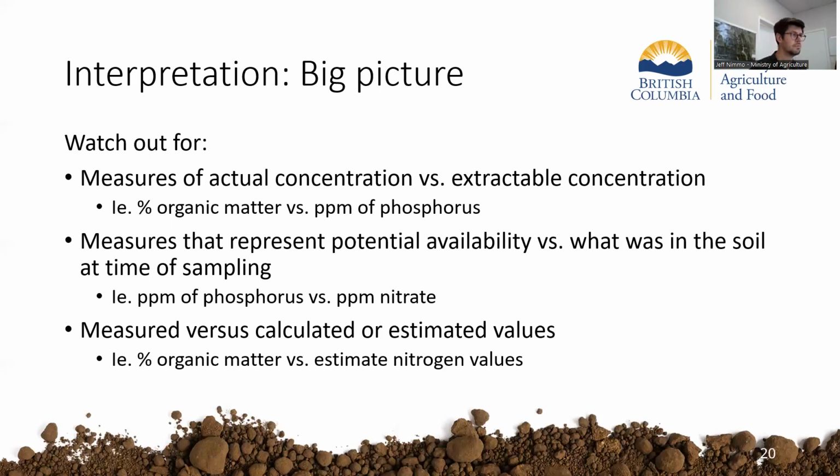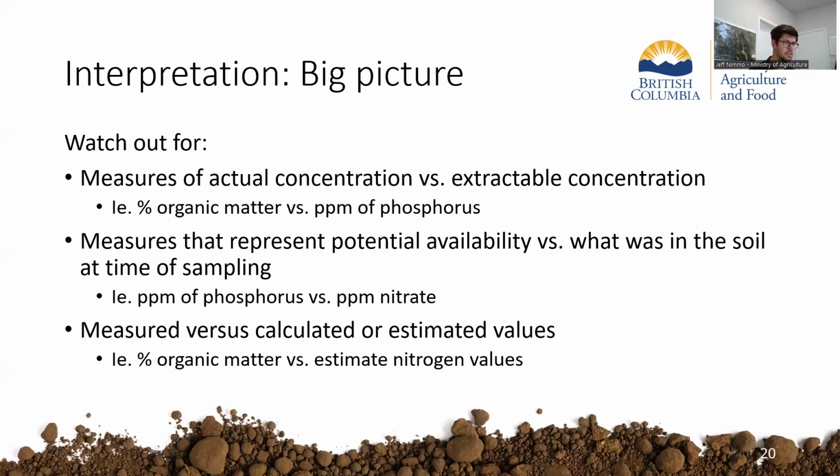Then as you're looking at some of the test reports, have a sense of whether there are items that are calculated versus estimated values. An idea here would be organic matter, which, as I mentioned, the lab will usually measure and is fairly straightforward.